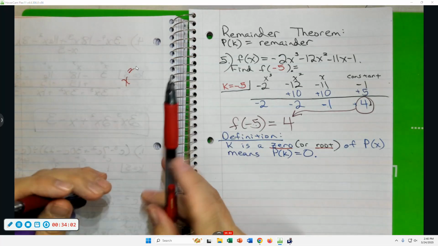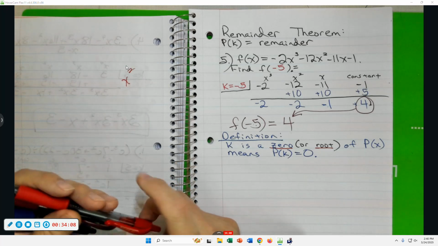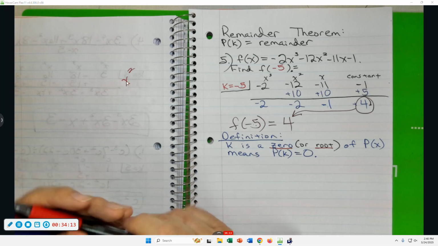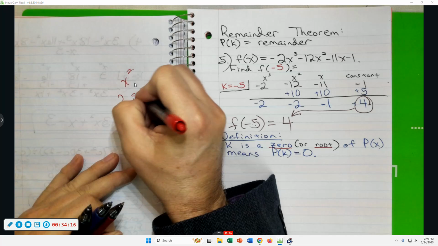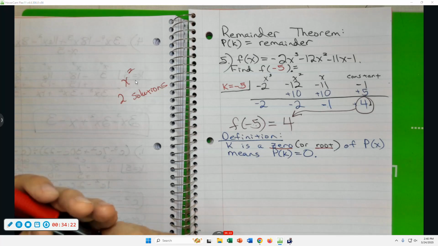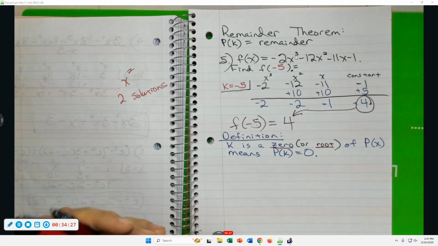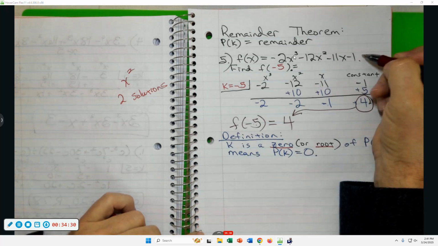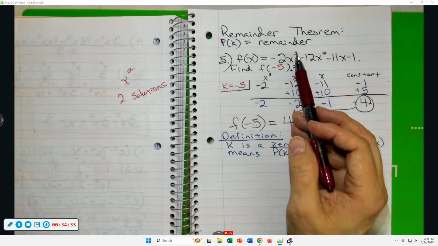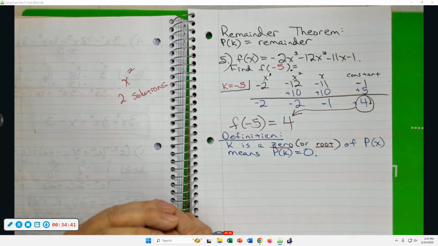For most of the quadratic equations we solved, how many solutions did we get? When we were solving those quadratic equations, we were finding zeros, and we would get 2 solutions. That's the fundamental theorem of algebra. The number of zeros cannot exceed the largest exponent. So if you were going to set this thing equal to 0 and solve, you would expect 3 solutions, maybe only 2, but you can't have more than 3. Any questions there?